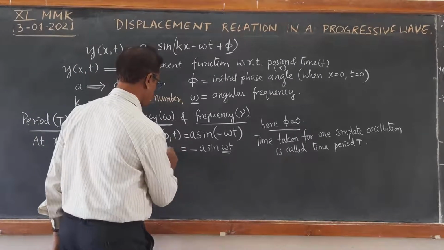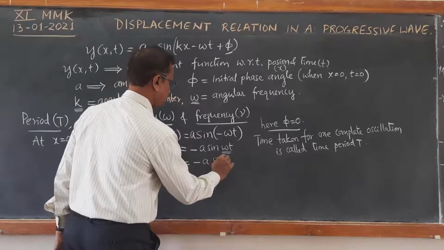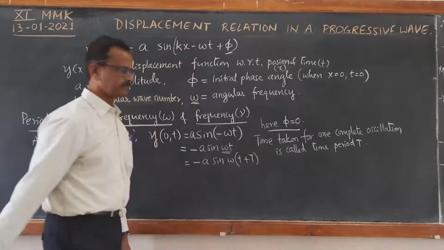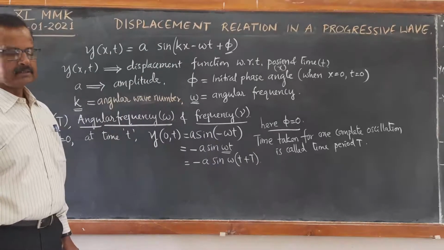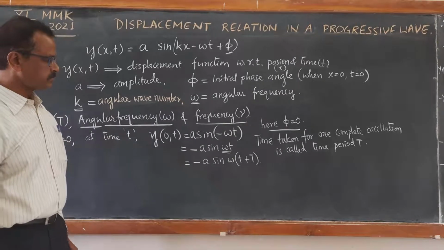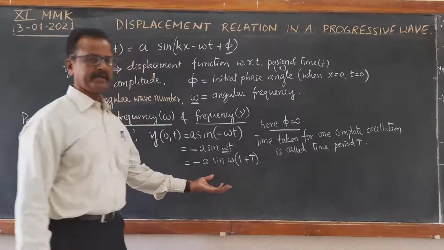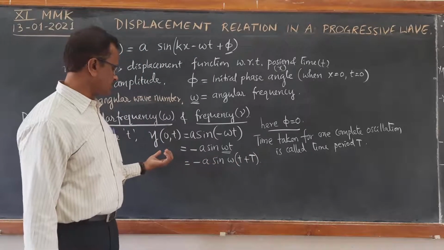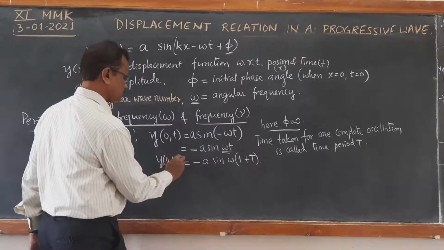It means it will be periodic if it is minus a sine omega t plus capital T. This is what we already know for defining a periodic function with respect to time t.